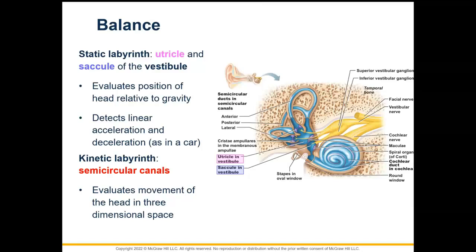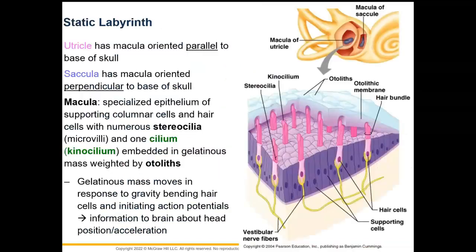So when you're sitting in a car, or maybe you get on one of those moving tracks at the airport. And then we have our kinetic labyrinth that is made up of our semicircular canals over here. And these are going to evaluate movement of the head in three-dimensional space.